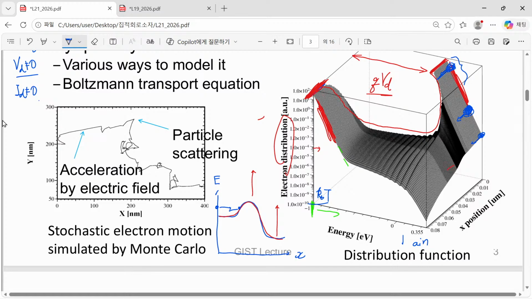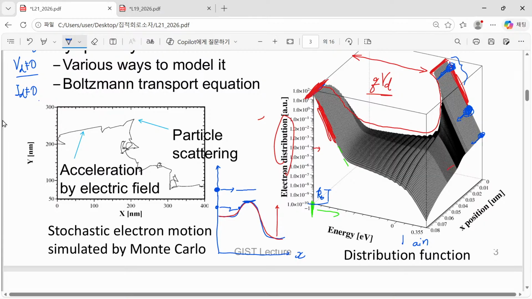And now let's go to an energy level which is slightly higher than the maximum energy of this potential barrier. Then what will happen? Let me explain. If this is the energy scale and this is the maximum energy of this potential profile, and we inject our electrons in this case, then now it can have some chance to overcome the barrier and eventually go to the source drain end.